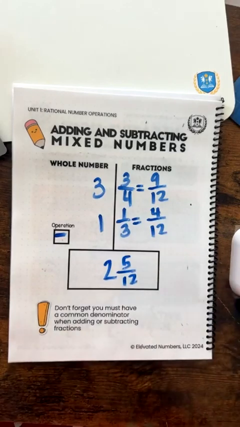Boom, we're done. Okay. I want you to think about if you were to be turning these into improper fractions, how many steps it takes. I'm sorry, to turn a mixed number into an improper fraction. That requires you to multiply both of the mixed numbers, add them, and then turn them back into mixed numbers.